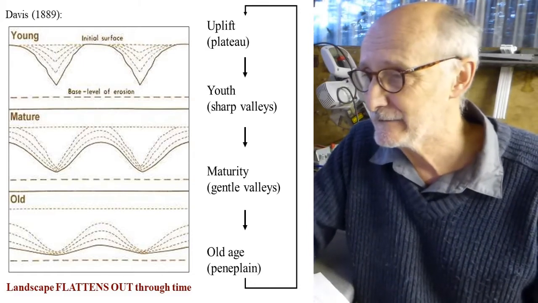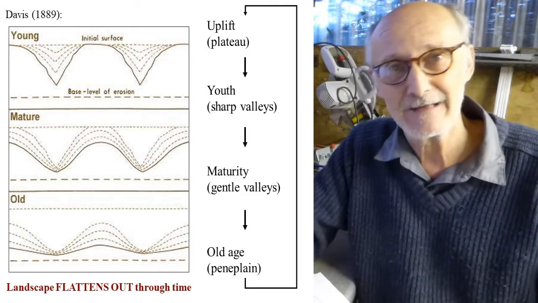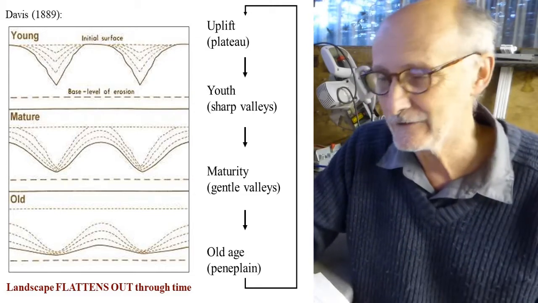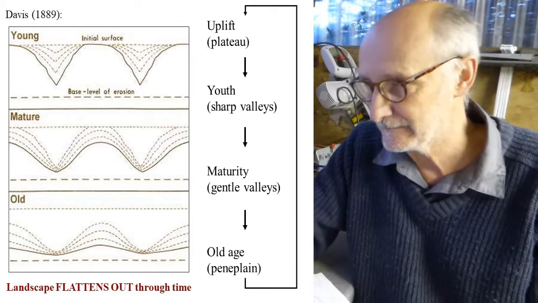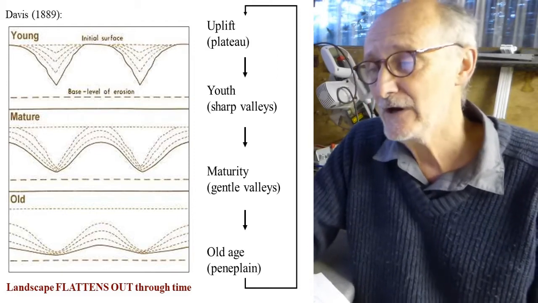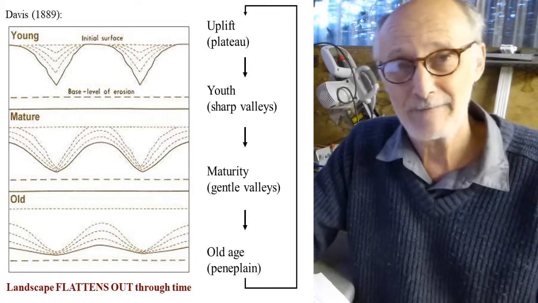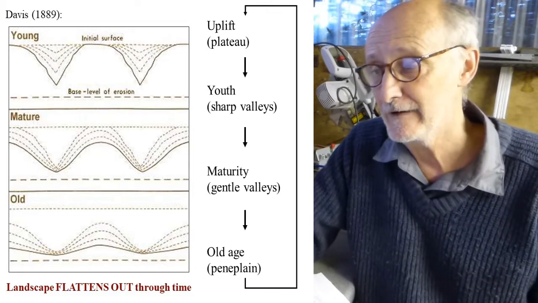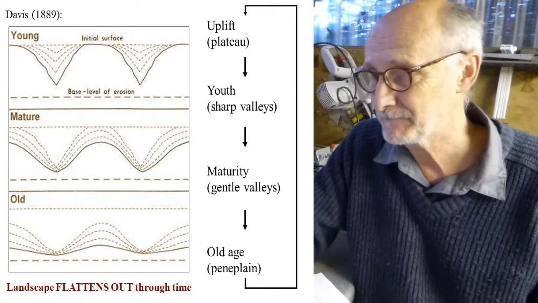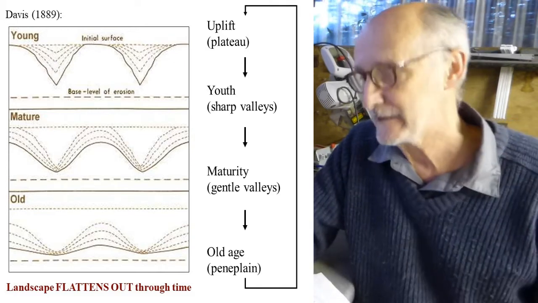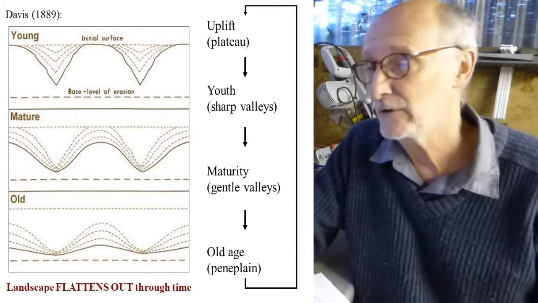Then gradually, as the valleys flatten out and reach mature age, we get meandering rivers and floodplains down towards the lower end of a system. In old age, we have a peneplain, an almost flat plain. He talks about peneplanation as being that process of flattening out the land through time. Then we get more uplift and the whole thing starts over again. That's the cyclic model in Davis.